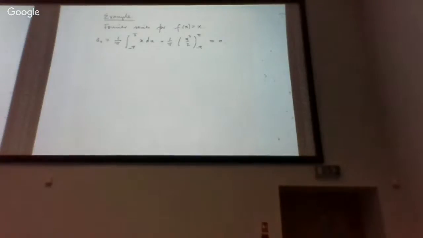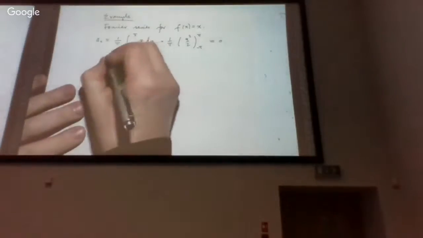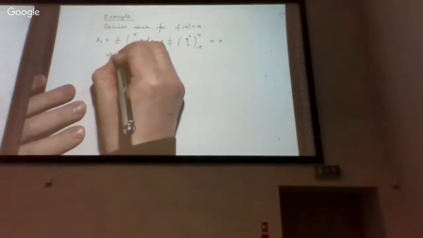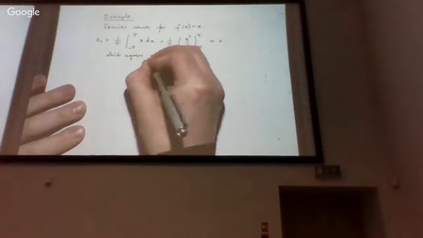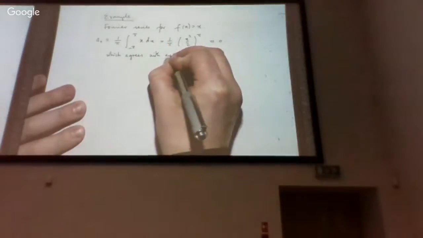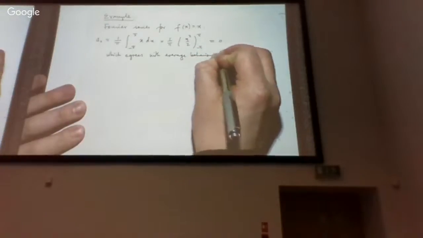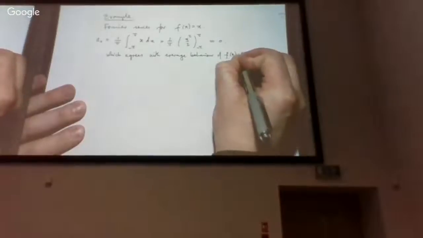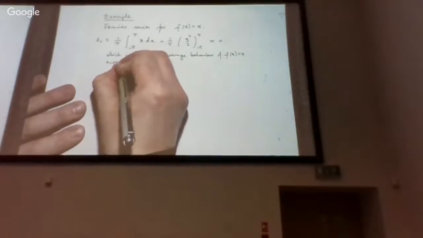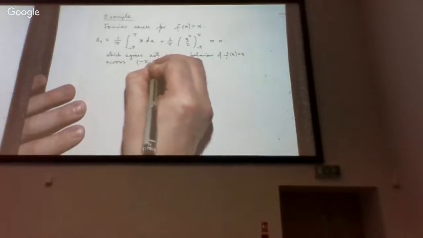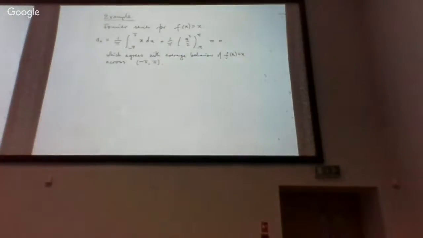The 45-degree line going through 0, and you're on an interval centered at 0, so the average behavior is 0, which agrees with the average behavior of f of x equals x across the interval minus pi to pi. So we're pretty confident in that result.